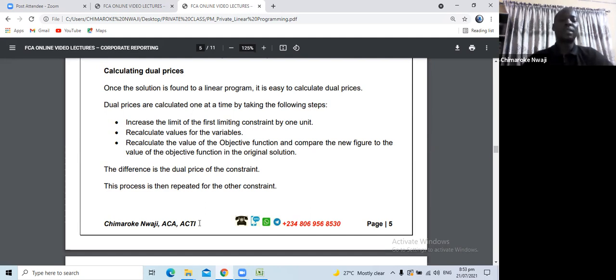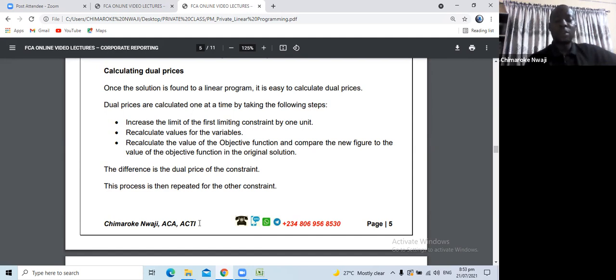And when you do that, you get the shadow price for the first limiting factor. Then you repeat the process for the second limiting factor. So you see, when you calculate the variables, you need to calculate the objective function to get the new objective function and the shadow price.